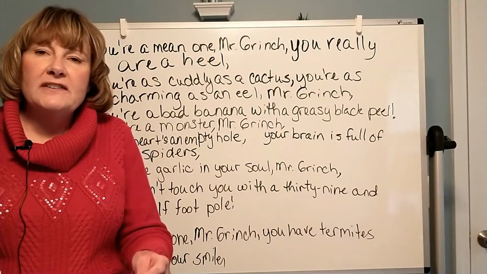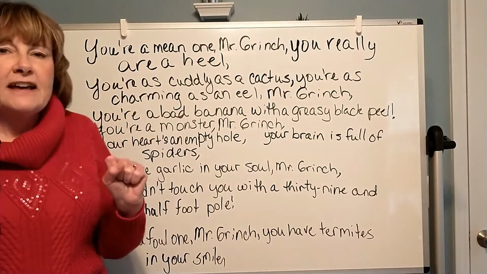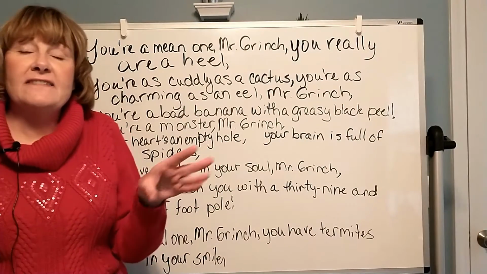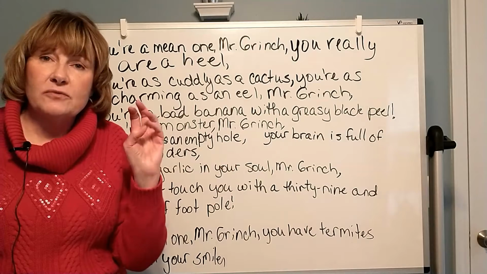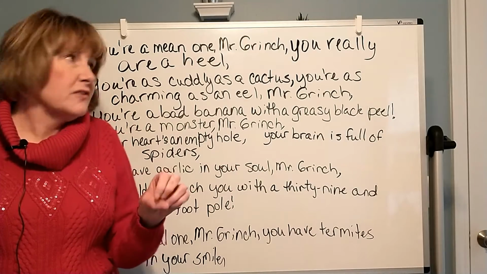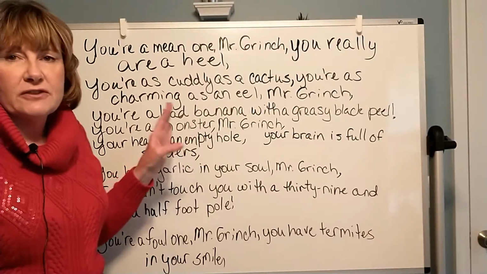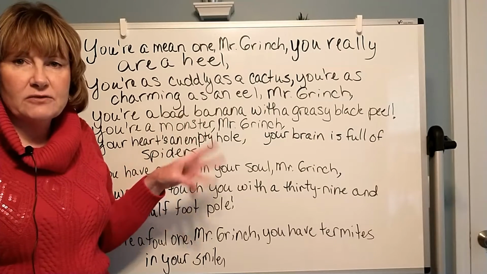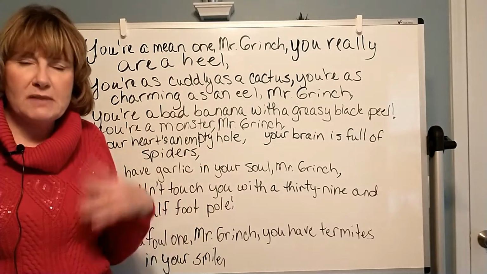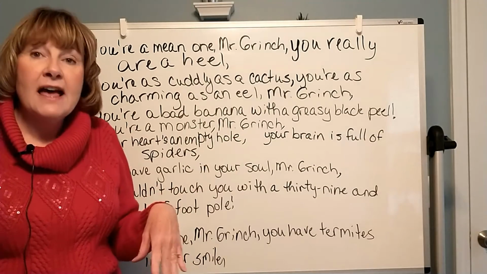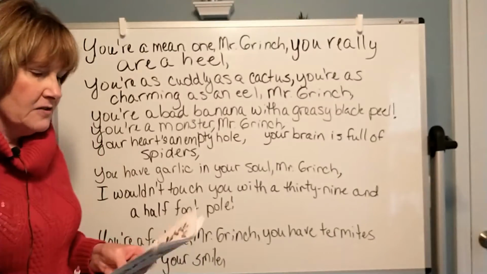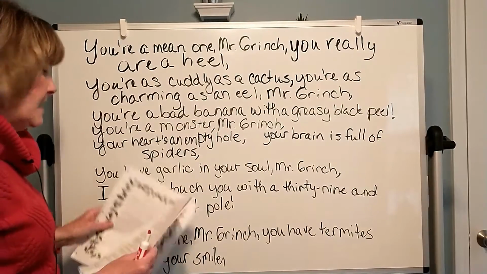Okay, so now we're ready to look at the Grinch, or at least part of the Grinch. And then you'll be able to finish looking through "'Twas the Night Before Christmas" and the Grinch song for the different types of literary devices and figurative language, the imagery, the similes, the metaphor, personification, and so on on your own. So let's take a look at the Grinch.